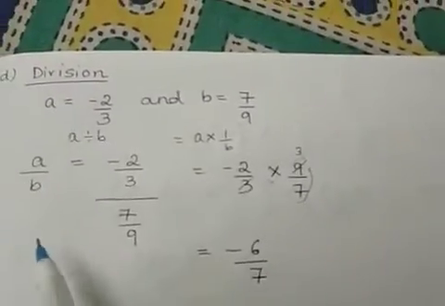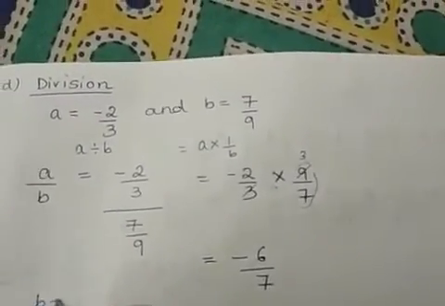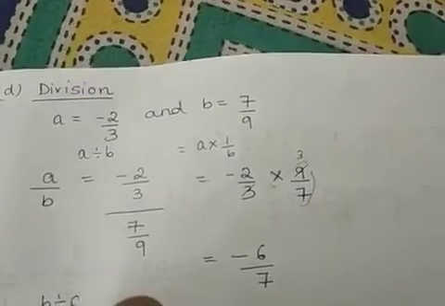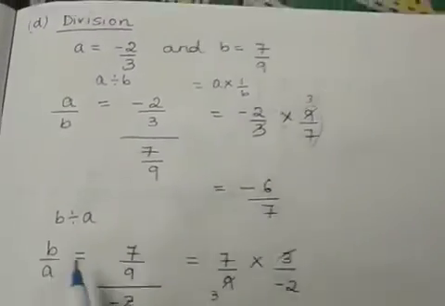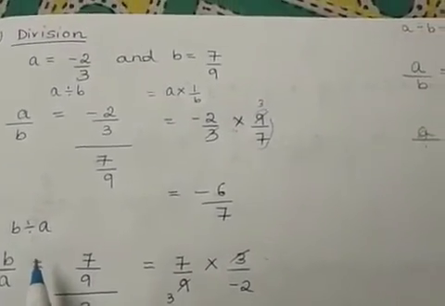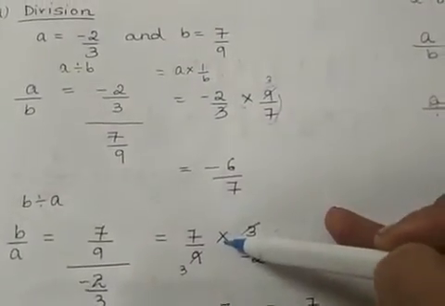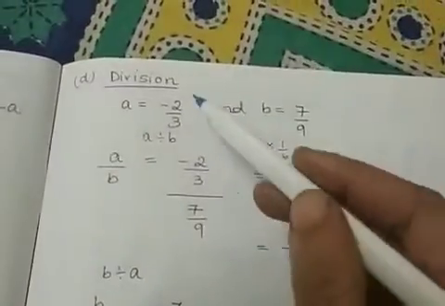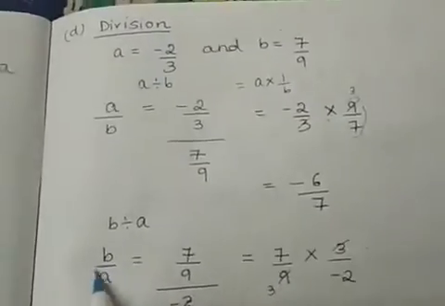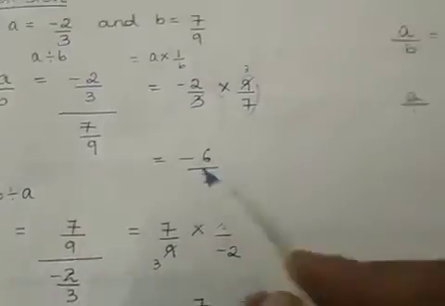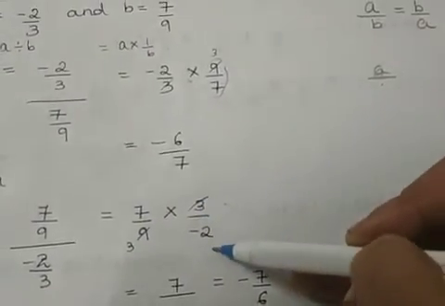Now let us see what we get when you divide b by a. Again b is 7 upon 9. When you write it in terms of multiplication, a becomes the reciprocal because a is in the denominator now. So minus 2 upon 3 will become 3 upon minus 2.